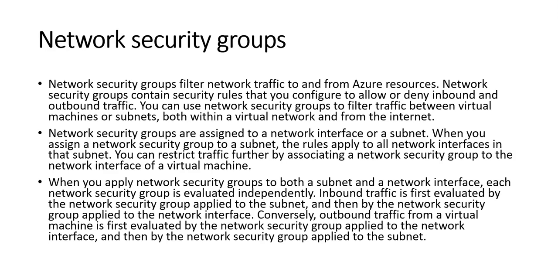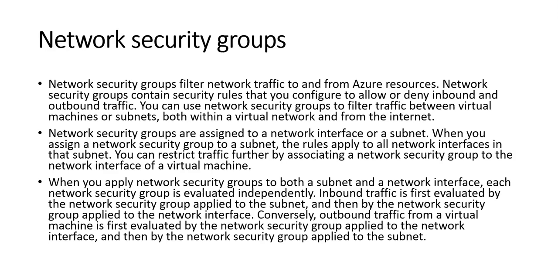When you apply network security groups to both a subnet and a network interface, each network security group is evaluated independently. Inbound traffic is first evaluated by the network security group applied to the subnet and then by the network security group applied to the network interface. Let's say you apply the rule on the same port, but it's applied to a subnet and at the virtual machine level as a network security group.